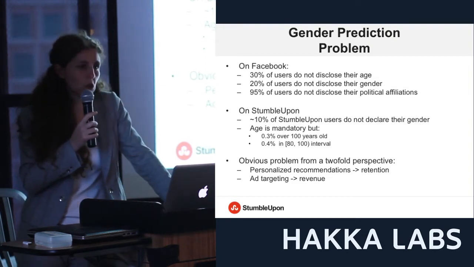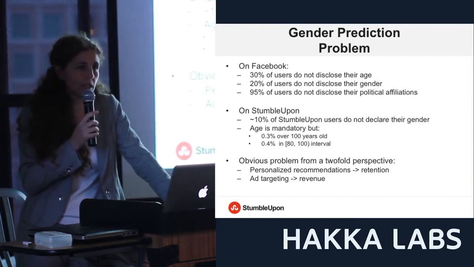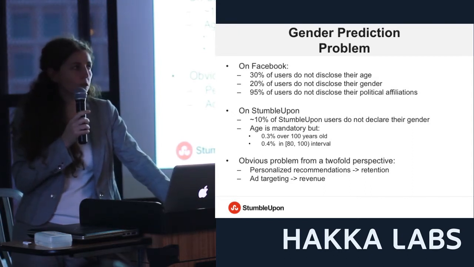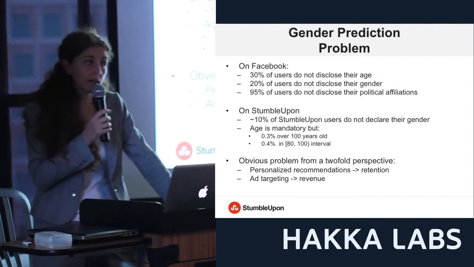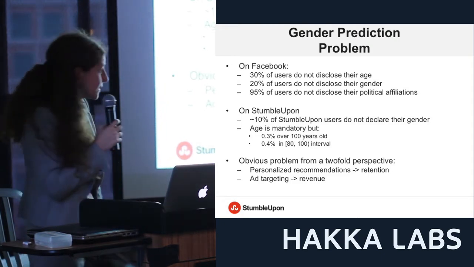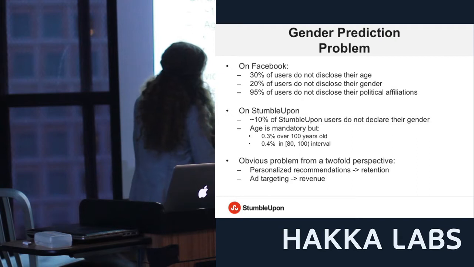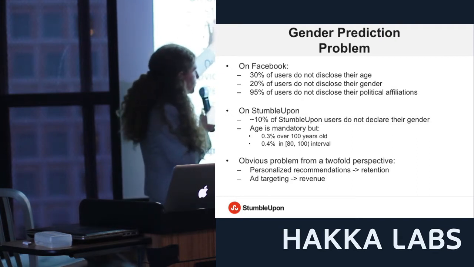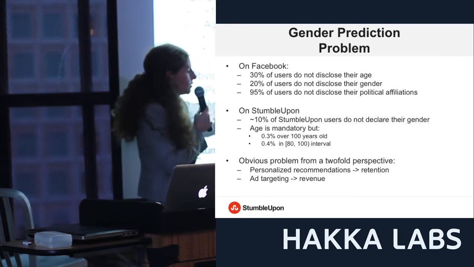If we don't know the gender and we don't know the age, it's kind of difficult to do the appropriate behavioral targeting for ads. So we needed to understand who these 10% of users are, to increase retention and to increase revenue.